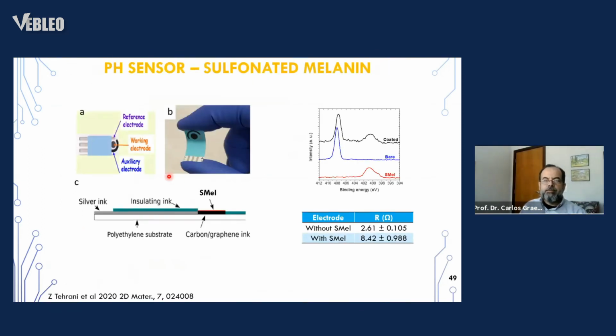And more recently, we have used, in combination with people from Swansea, a more sophisticated paper sensor, where not the conventional melanin, not the water melanin, but sulfonated melanin was used. And as we could see, this made quite nice sensors.